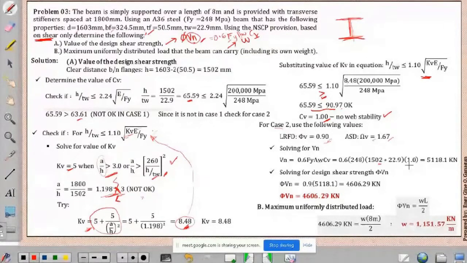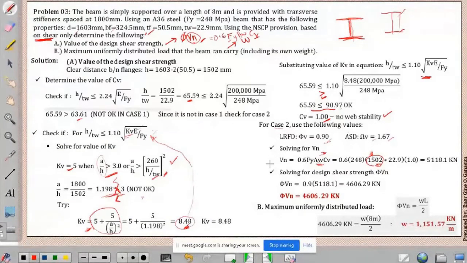The area of the web here, since this is not a standard shape, we consider H. So our AW is 1502. Notice that H is what we consider here, because our section is not a standard shape.